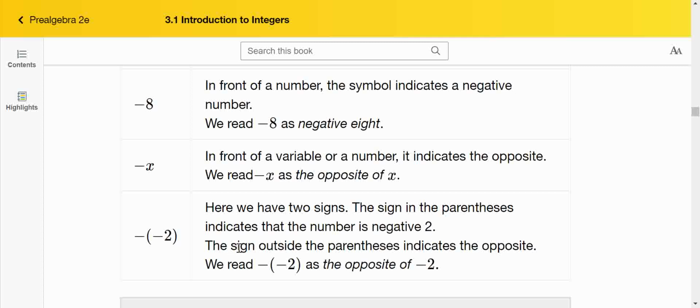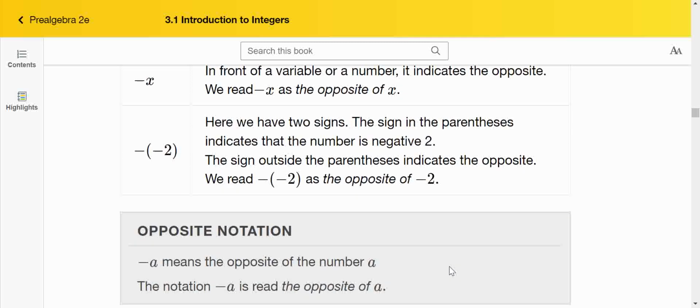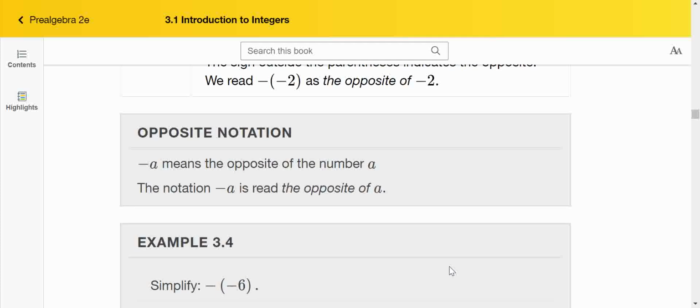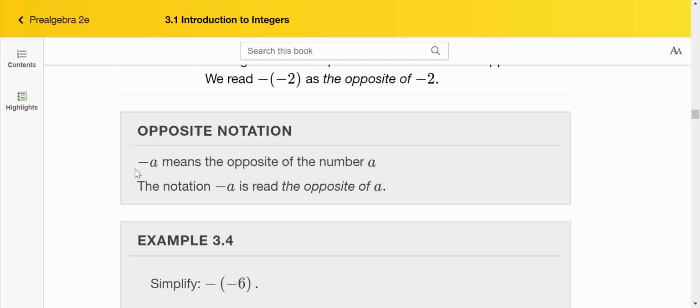The sign outside the parentheses indicates the opposite. We read minus (minus 2) as the opposite of negative 2. Opposite notation: minus a means the opposite of the number a. The notation minus a is read the opposite of a.